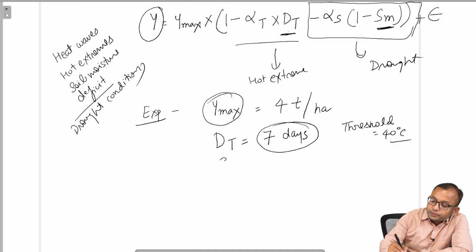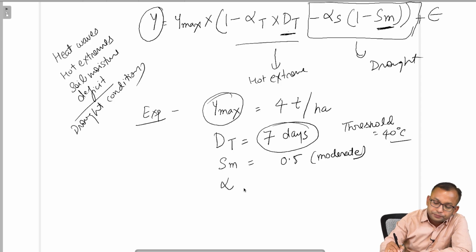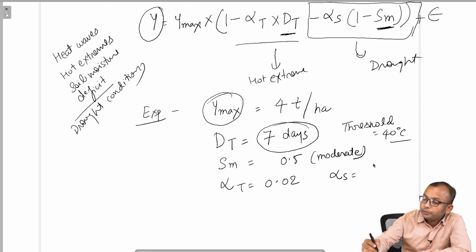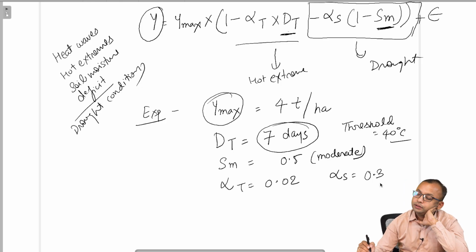Soil moisture of that region is let us say 0.5, which is moderate, and alpha t is 0.02, as we already assumed, and alpha s, the sensitivity parameter to soil moisture, we are assuming 0.3.